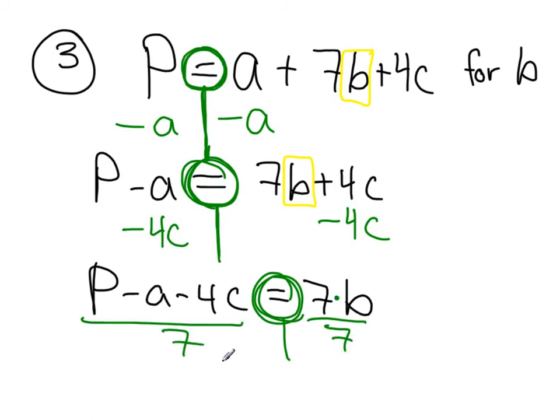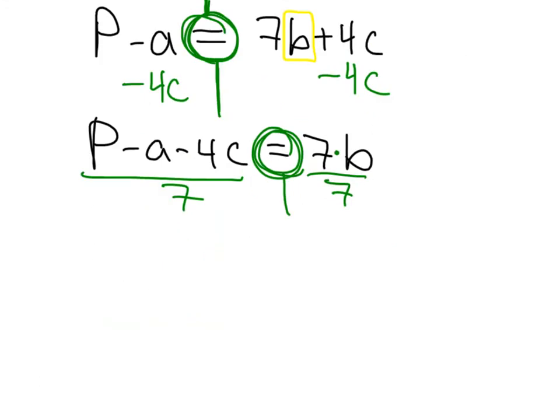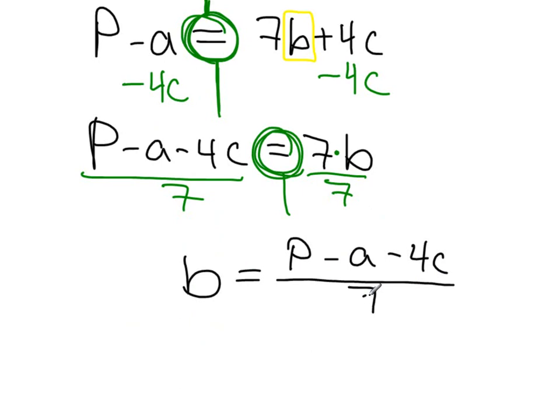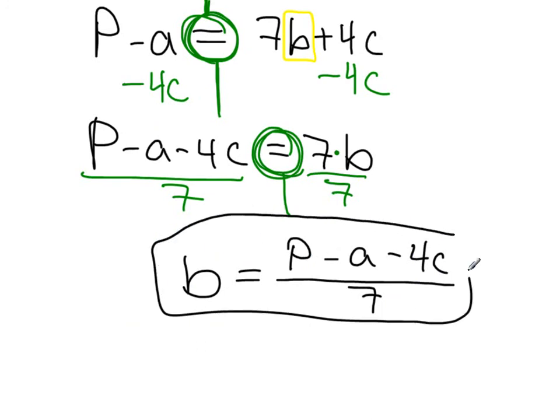And what we do to one side, we have to do to the entire other side. And now we're left with b by itself on this side equals p minus a minus 4c all over 7. And you might be wondering, why did you switch it? It looks prettier, but this equals that, or you can switch it, makes no difference. So there's our solution.